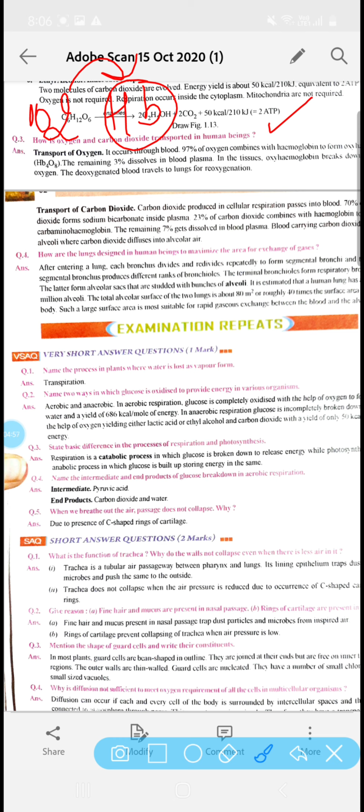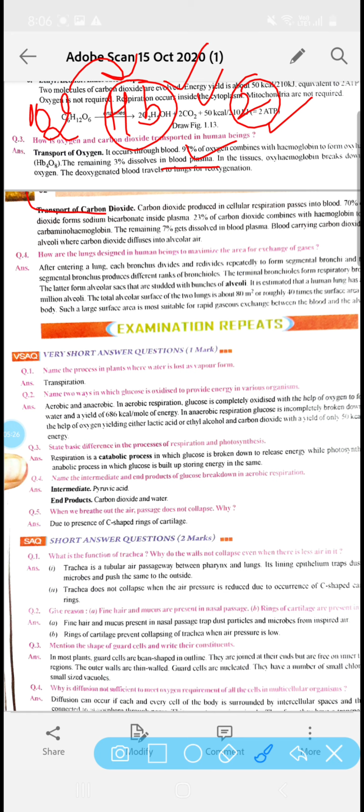So maximum part, that is how much? Roughly 97% of oxygen is transported by this method. The rest 3% is transported in the dissolved form in the blood plasma. So oxygen undergoes two mechanisms for transport: one is via hemoglobin and second is via dissolved form in the blood plasma.